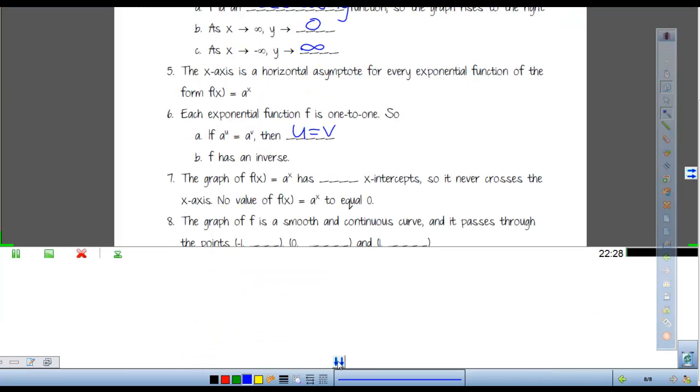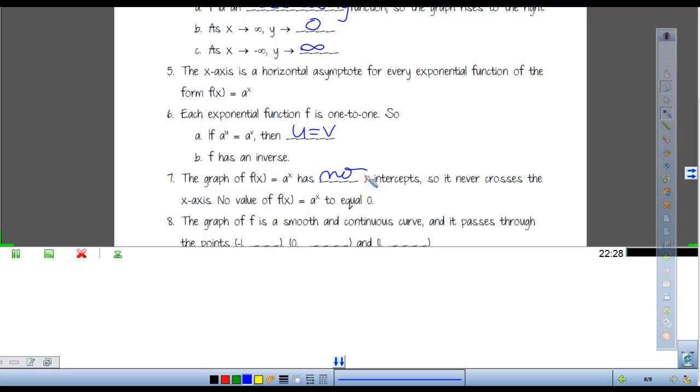And then it says the graph of f of x equals a to the x has what kind of x-intercepts did we see? None. It has no x-intercepts. So it never crosses the x-axis. No value of x causes a to the x to be 0.